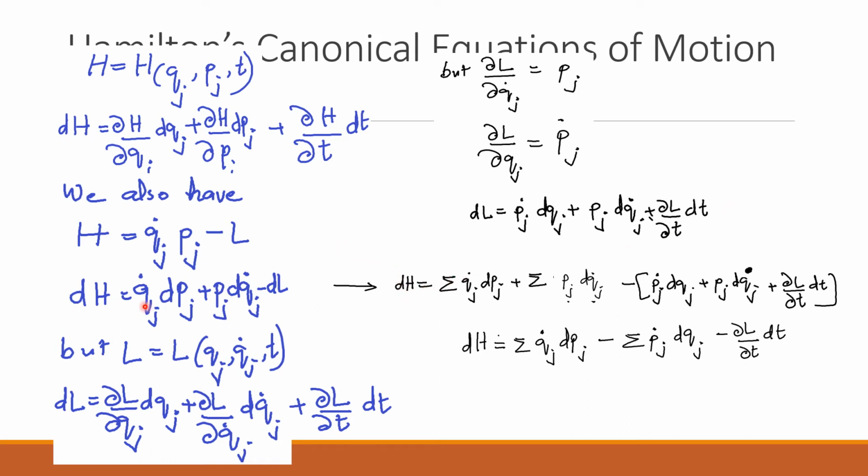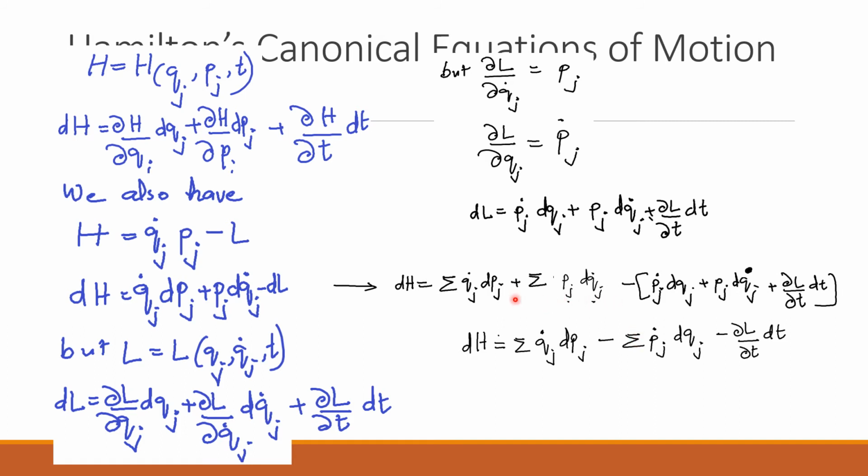Now again back to the equation for the differentiation of the Hamiltonian. dH is equal to sigma Qj dot dPj plus Pj dQj dot minus dL. This dL is now going to be replaced with Pj dot dQj plus Pj dQj dot plus dou L by dou t dt.